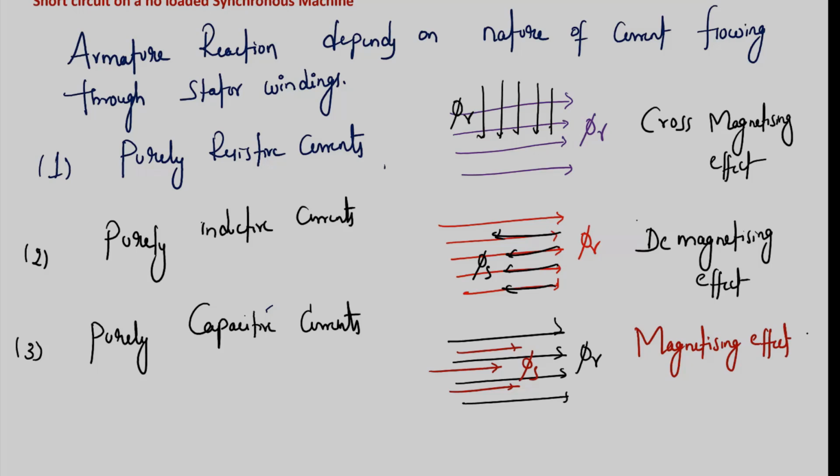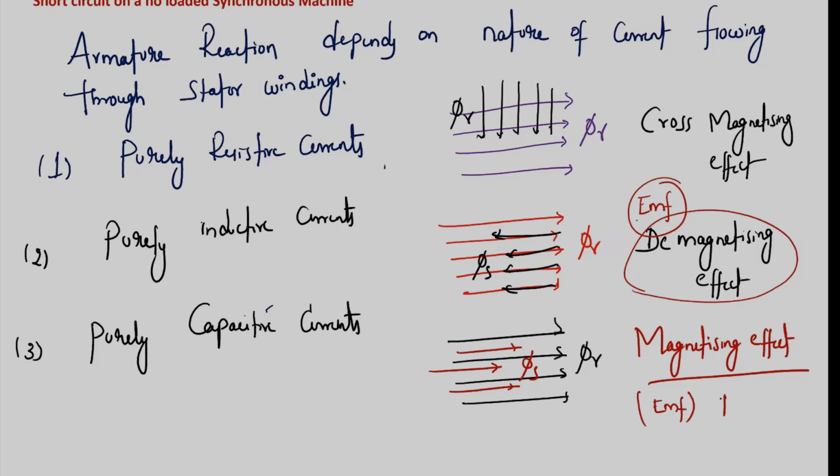When a demagnetizing effect occurs, the magnitude of the induced EMF will reduce. When a magnetizing effect occurs, the magnitude of the induced EMF will increase. Here, the magnitude of EMF induced will decrease. Here, it will increase. So when a magnetizing effect occurs in the system, that is when the Ferranti effect will occur.